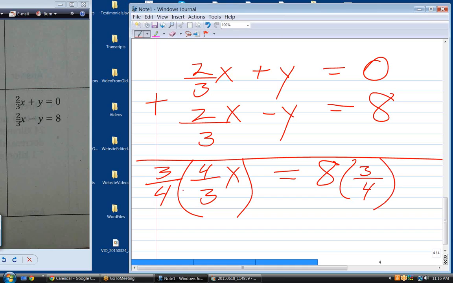Now, we're guaranteed that this number disappears when you multiply by the reciprocal. Well, that 3 cancels with that, and that 4 cancels with that. So we're left with x. Now, what would be our step on the right side? How would we simplify that before multiplying it out?